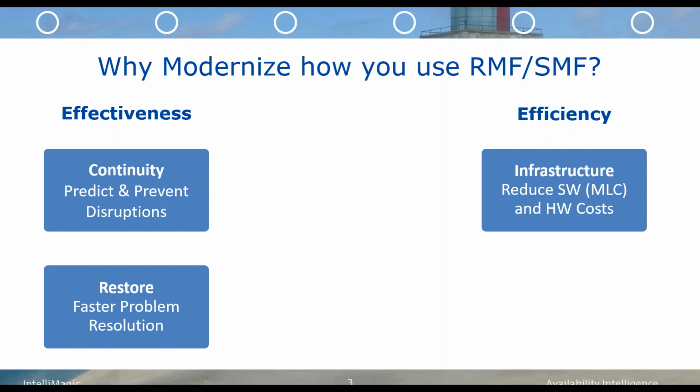We're not really going to talk about it in this particular webinar, but IntelliMagic does provide performance modeling of all of the disk subsystems that you can purchase for the z/OS environment. So you can model your own workloads on the hardware that you're thinking about buying.